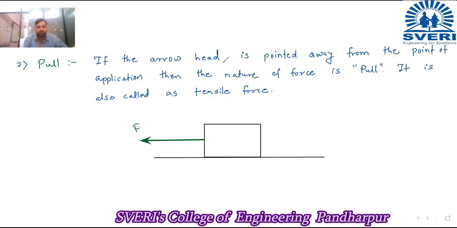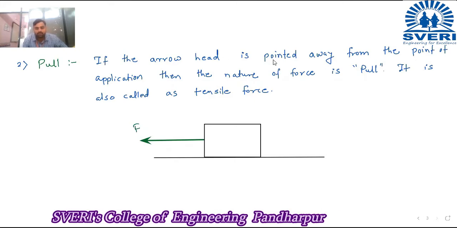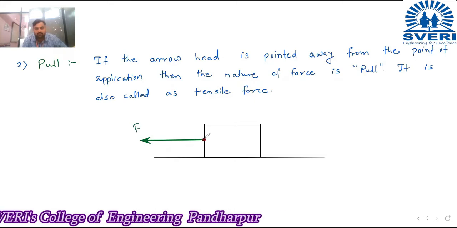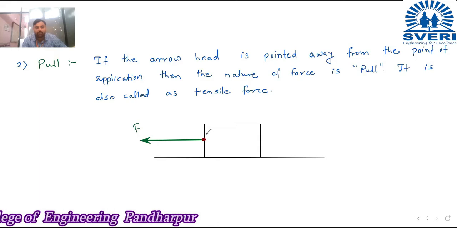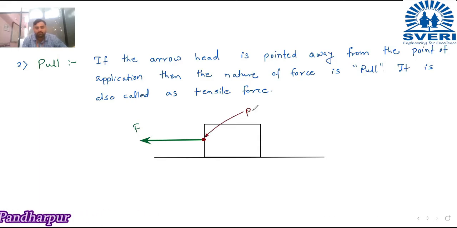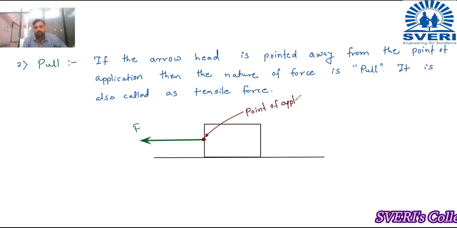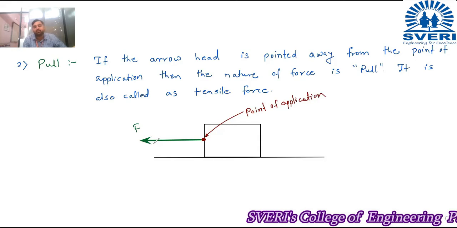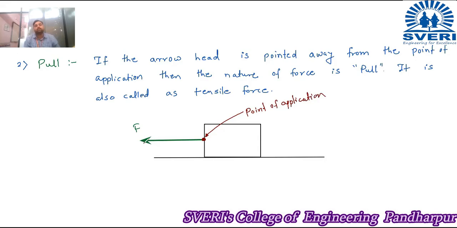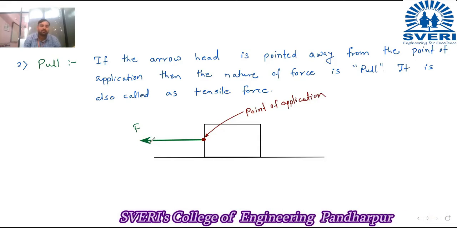F kilonewton is the force as usual. This is our point of application. Now see, your arrowhead is away from point of application. Head of the arrow is away from point of application. So we call this force as a pull or tensile force.